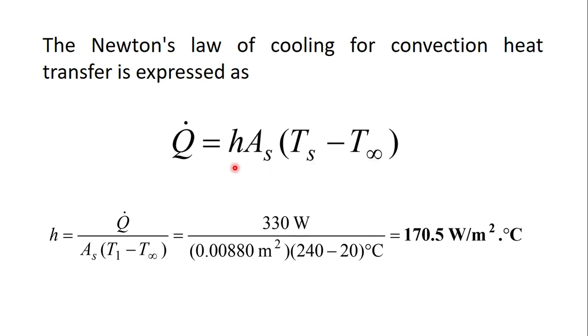We rearrange this formula and take the convective heat transfer coefficient on one side and all the remaining parameters on the other side. We know all the values on the right hand side: the convective heat transfer rate, the surface area, and the temperature difference. After putting in the values and simplifying, we get the convective heat transfer coefficient equal to 170.5 watt per meter square per degree centigrade.